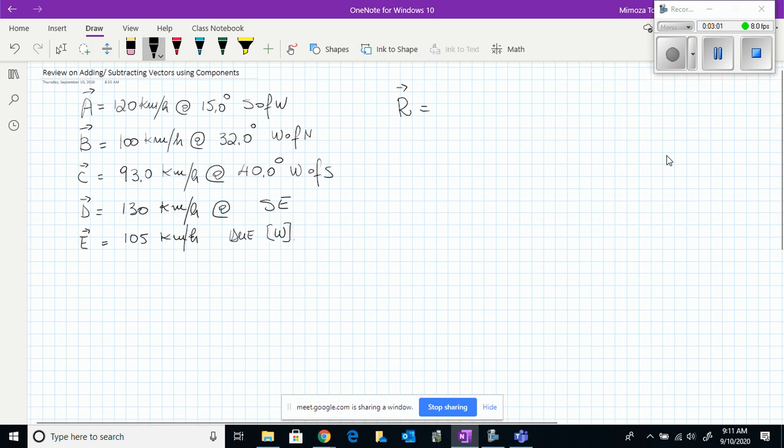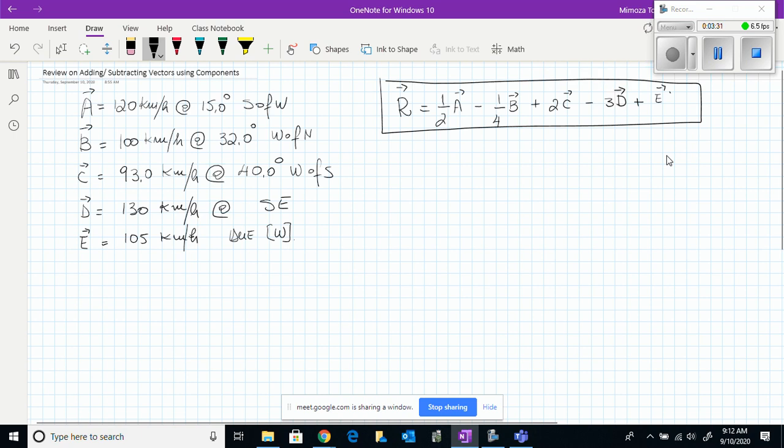Okay? So in this case, what we will do is 1 over 2A minus 1 over 4B plus 2C minus 3D and plus E.